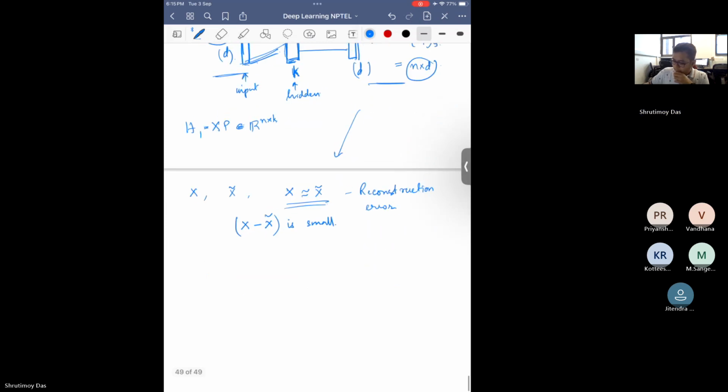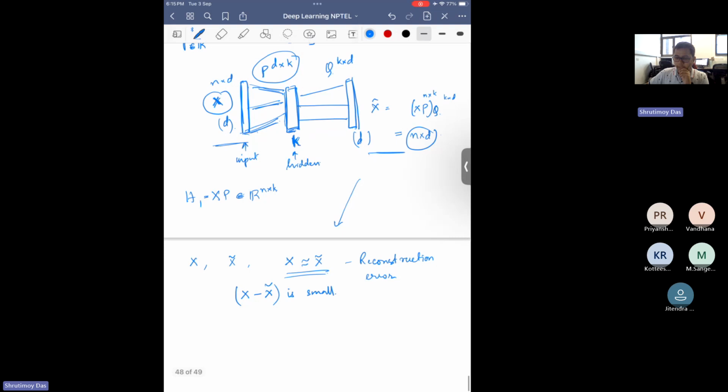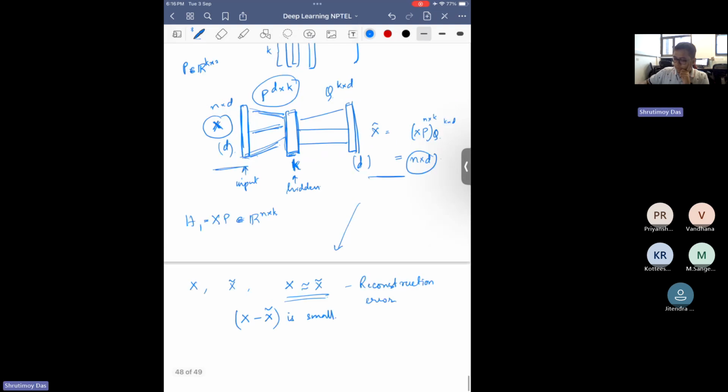Now, let us talk about this dimension k. In the lectures there was a proof which shows that if you have a linear decoder, this part is the encoding layer, right? The encoding layer takes your data and transports it to a different dimensional space.